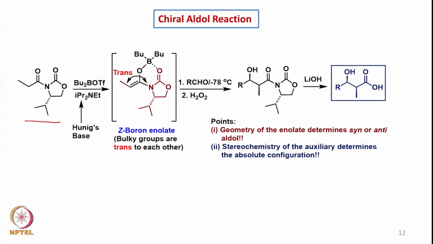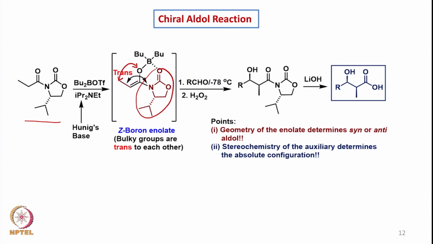Now you react this with the Hunig's base, diisopropyl ethyl amine, and Bu2BOTf. We discussed how this can lead to the formation of Z enolate. So now what we have here is the Z enolate, in which the methyl group and the auxiliary are of course trans to each other.